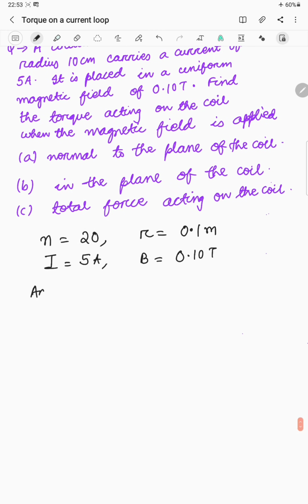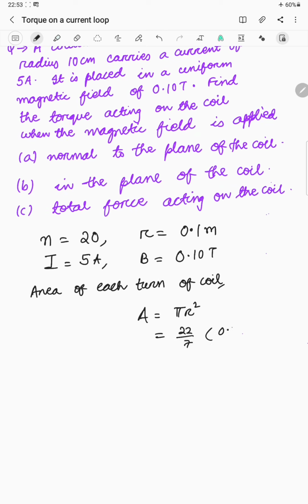So the area of each turn of the coil, capital A, will be pi r square, that is 22 by 7 into 0.1 whole square. It will come out to be 0.0314 meter square.